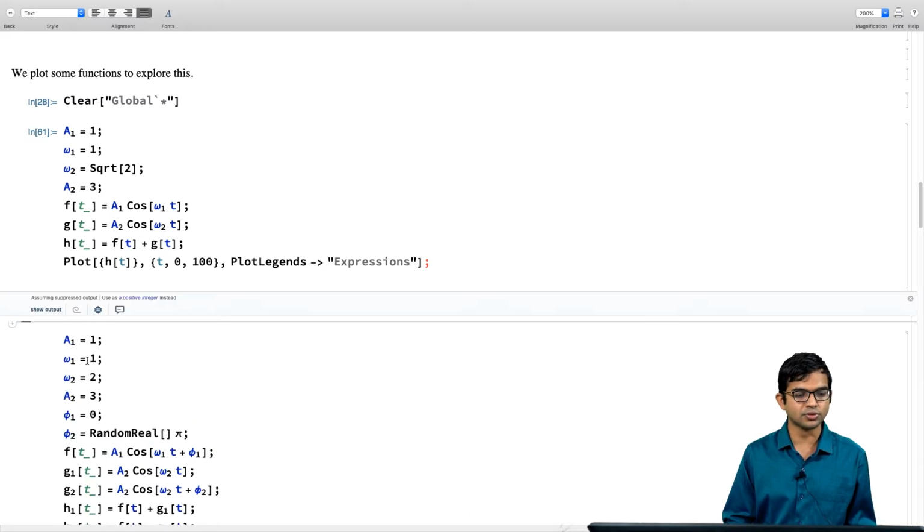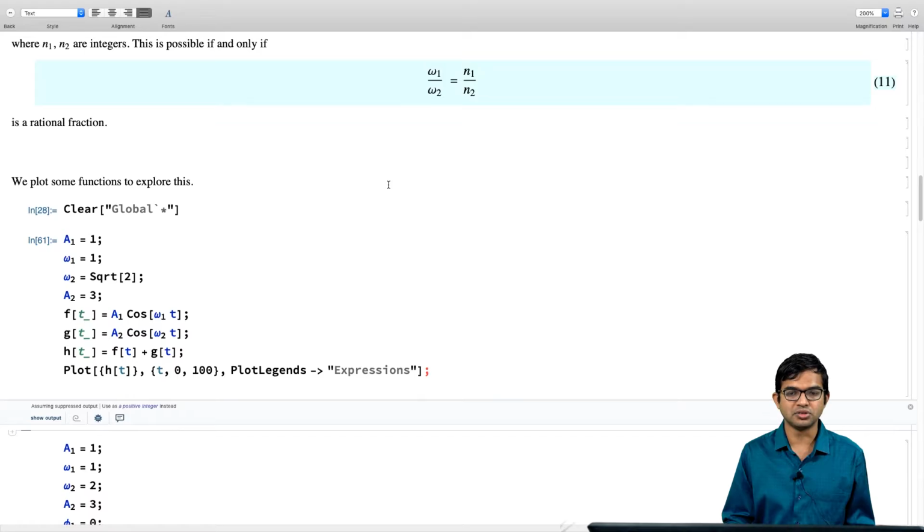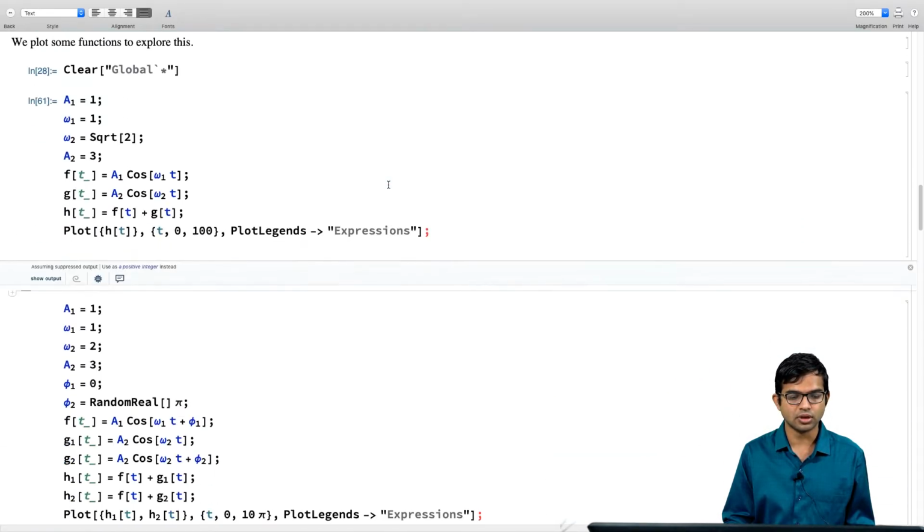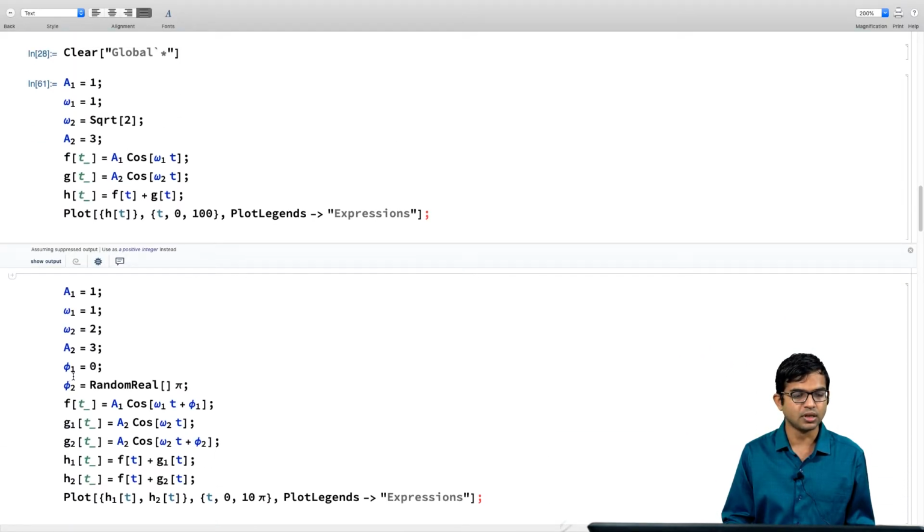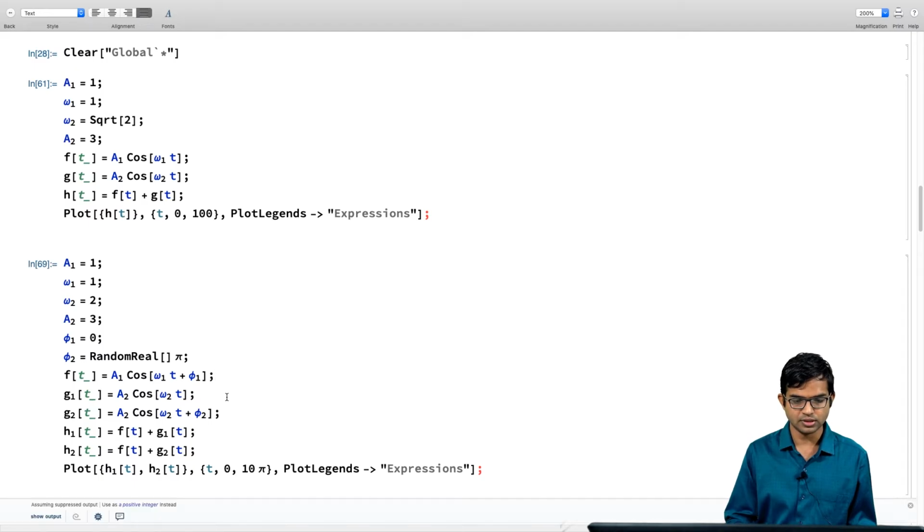But on the other hand, if you choose omega 1 by omega 2 to be a rational fraction, like here, it doesn't matter what a1 is, it doesn't matter what a2 is, and in fact it doesn't even matter how these phases are related to each other. You can also play with these phases. For simplicity, I'm just choosing phi 1 to be 0, and only phi 2 I will alter, and let's see what happens if I do this.